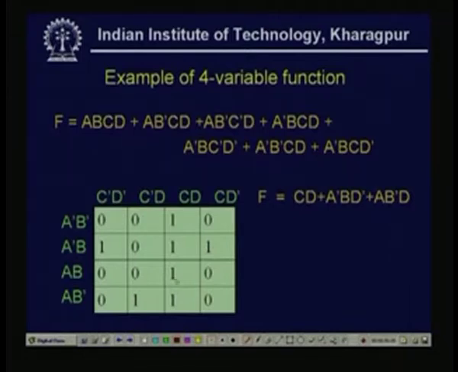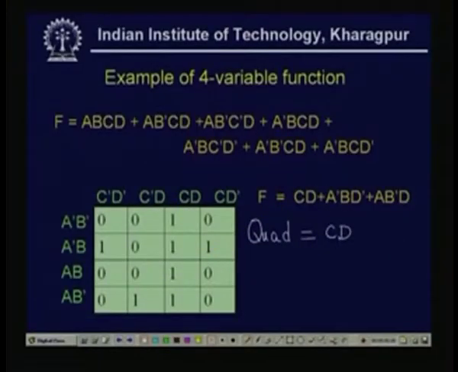See, this is from the K map, the quad will be simply the CD, because all the 4 columns exist, that means all combinations of AB exist, and that is why all complemented and uncomplemented literals, they will cancel each other. So, it will be simply the third column.